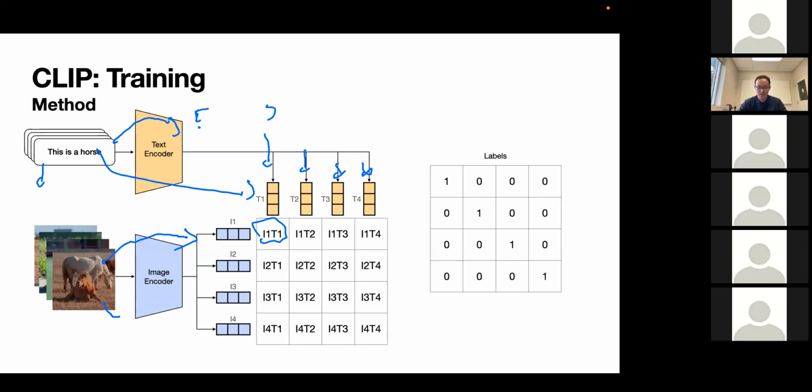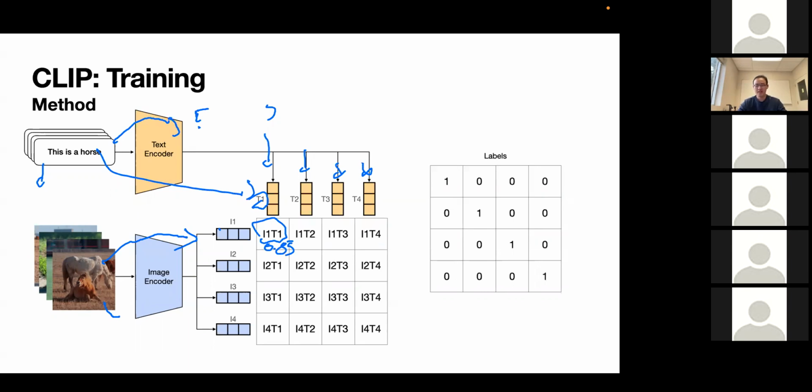This one is the horse image, and this one is the text of this is a horse. They have to have a really high probability, because this text is a description of this image, so maybe a high probability of 0.5.